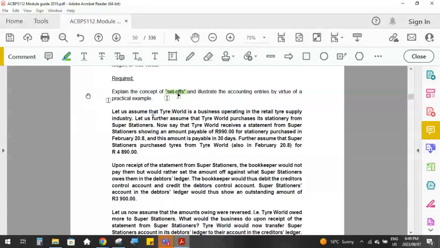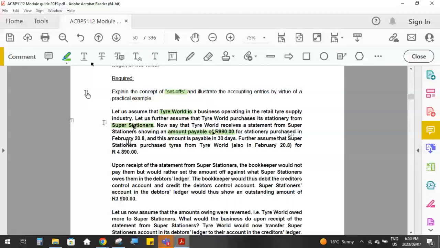So let's assume that Tire World is a business operating in the retail tire supply industry, and they purchase their stationery from Super Stationers. So we've got two companies, Tire World and Super Stationers. Tire World purchases stationery from Super Stationers, so they receive their statement showing that we owe our stationery suppliers an amount payable of 990 Rand for stationery purchased in February.